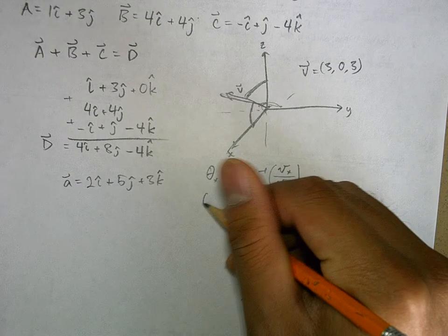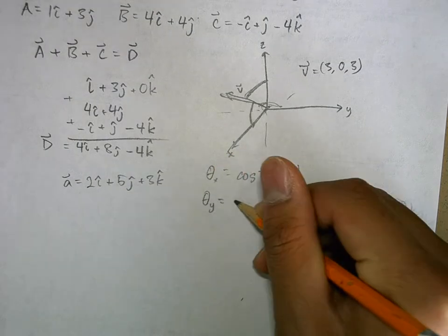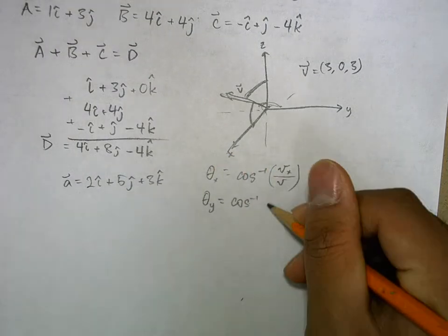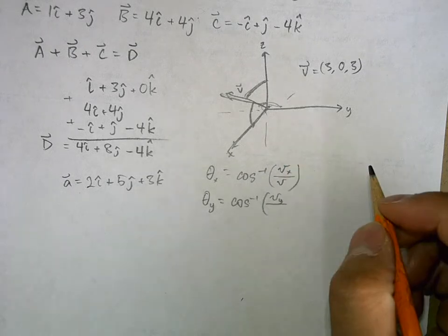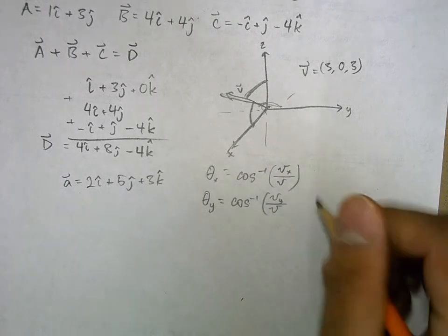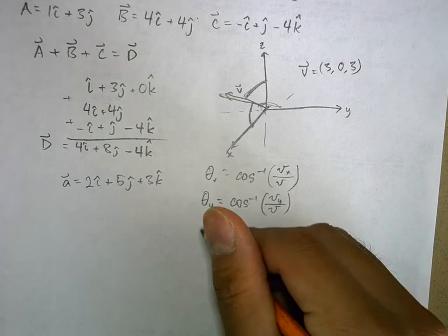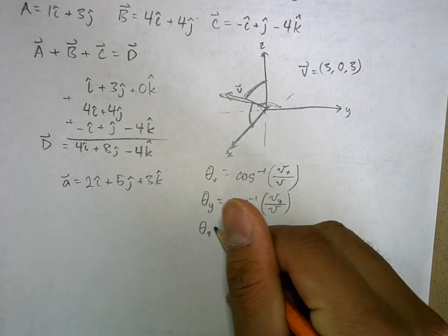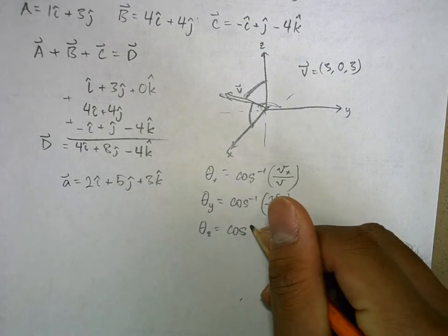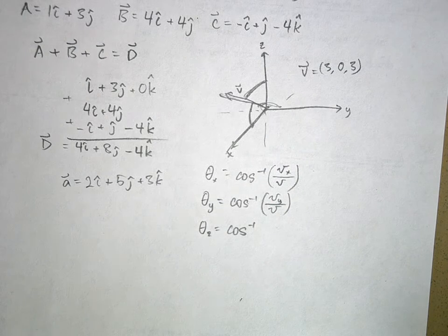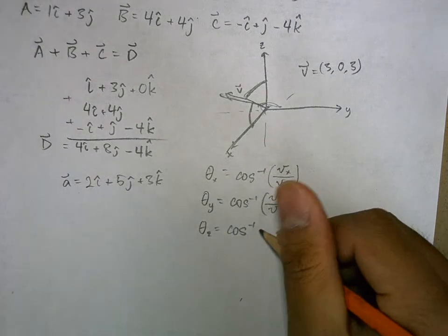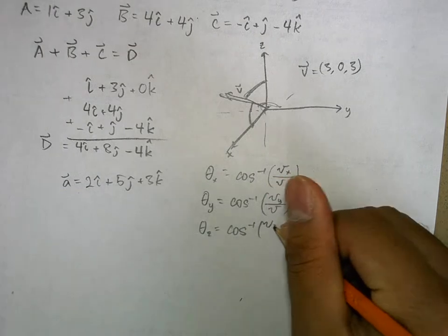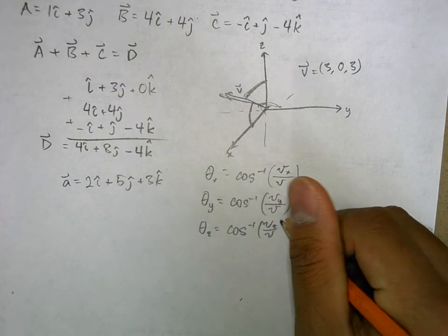And then for the y direction, it's also cosine, but you just use the y component of v. And in the z direction, again, still cosine, because that's the angle you're trying to find off of that reference direction, vz over v.